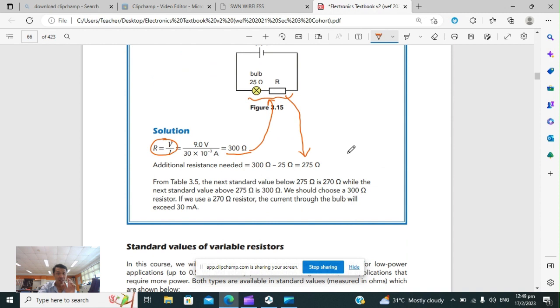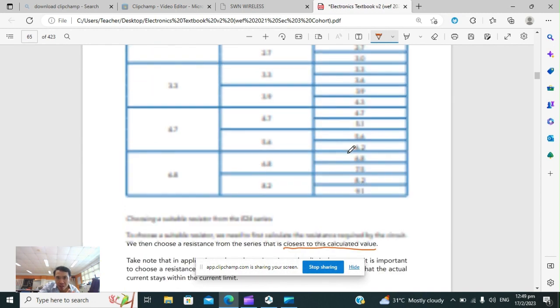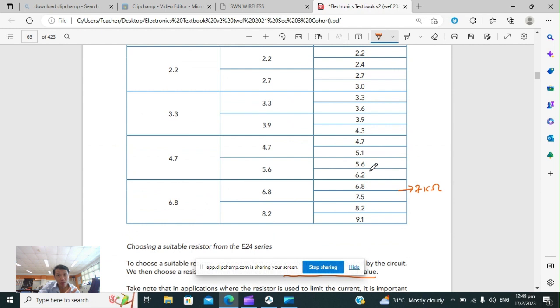Now, remember, I want to limit the current. Although the closest is 2.7, which they sell as a 270, I don't choose this. I don't choose the closest because I want to limit the current.